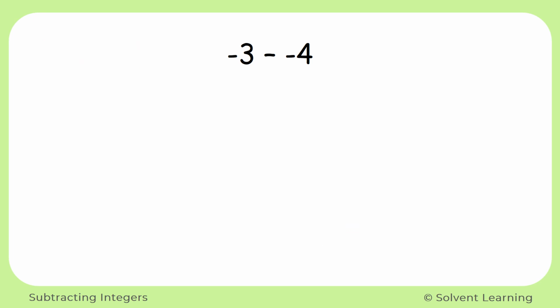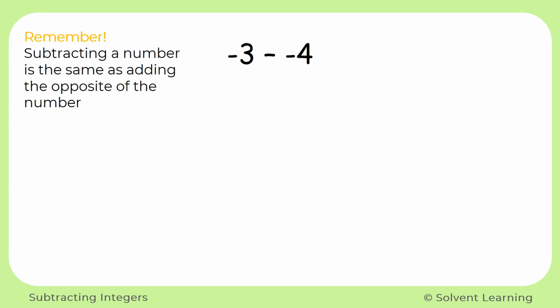Now let's look at the same problem, but without relying on the number line. So remember, subtracting a number is the same as adding the opposite of the number. So subtracting negative 4 is the same as adding positive 4.